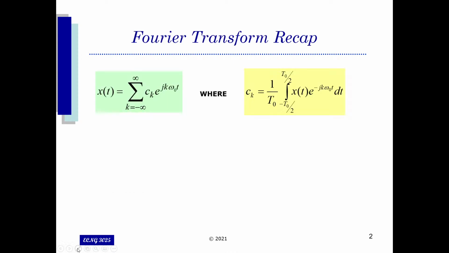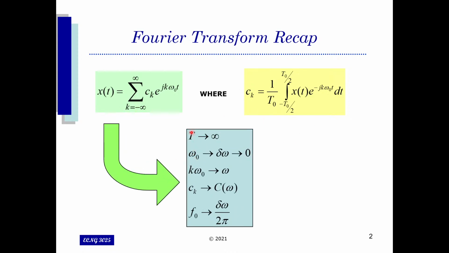So we just need to do a quick recap of what we've been doing for the last few lectures. We recapped where we had our Fourier series here, given by this x of t equation with the summation, and then we were able to transform this Fourier series into the Fourier transform, both of these here being continuous time versions, by applying these limits here to the Fourier series in order to obtain the continuous time Fourier transform, also referred to as the CTFT.